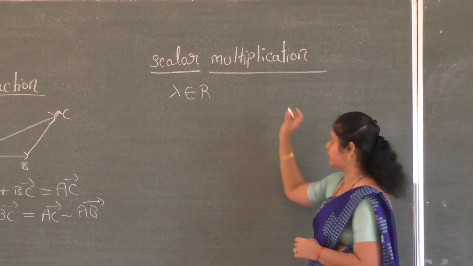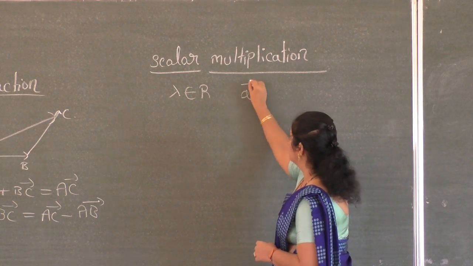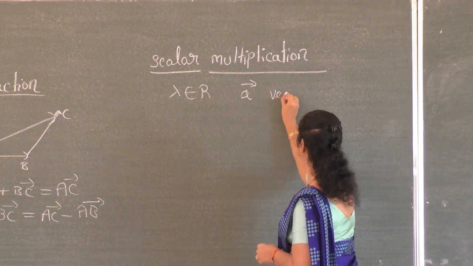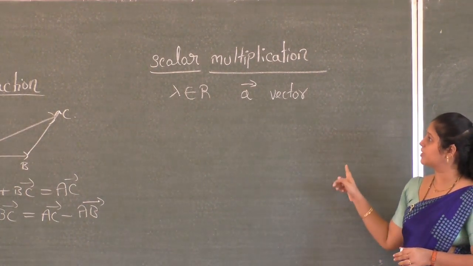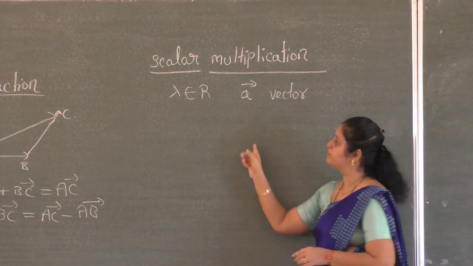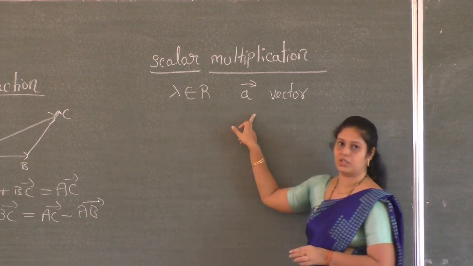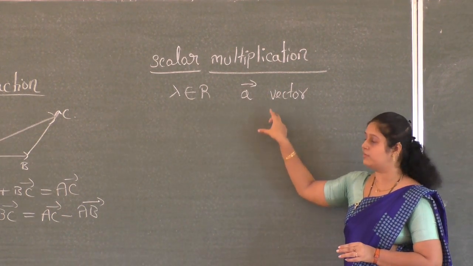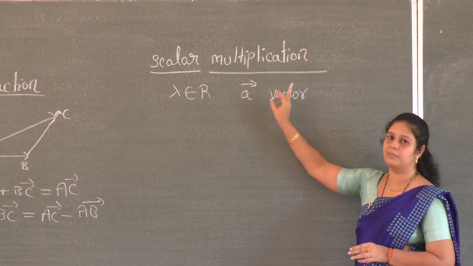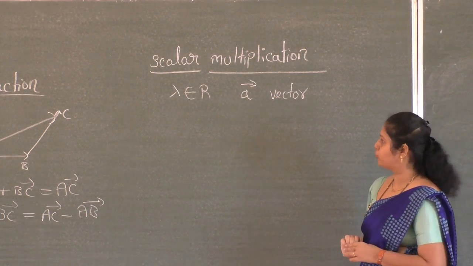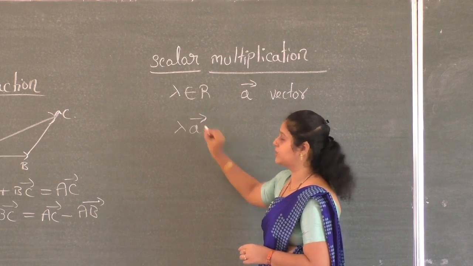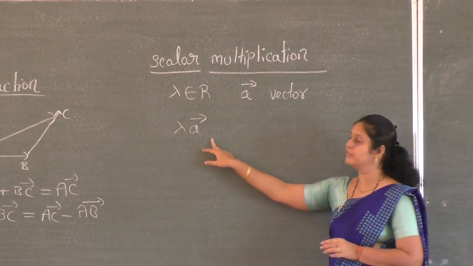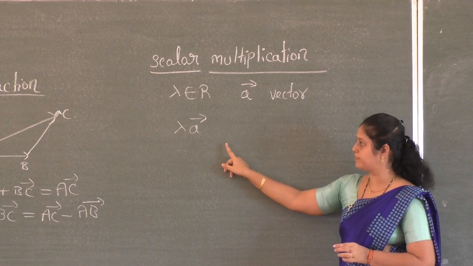Then consider one vector, vector A. Then scalar multiplication means multiplying a number with the vector. Multiplying a number with the vector is called scalar multiplication. Therefore, I write lambda into vector A.